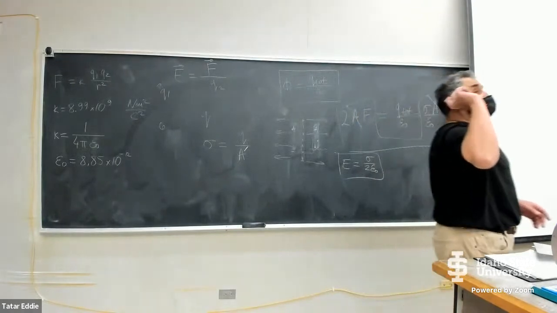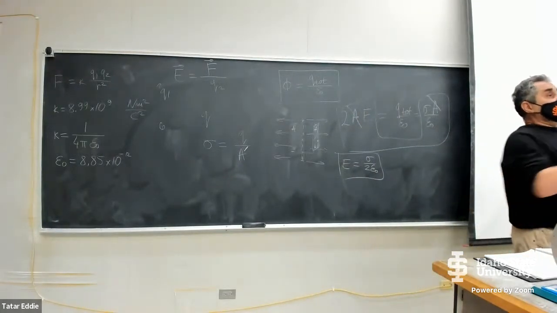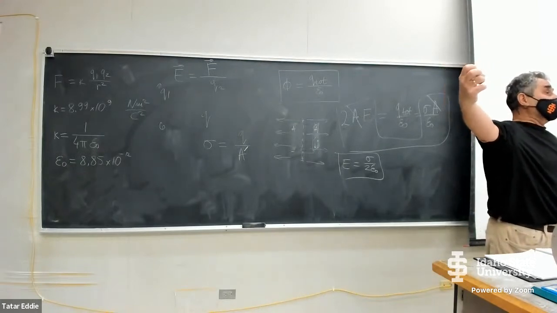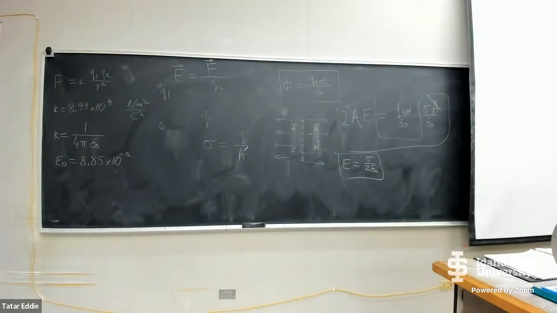Very surprising result, because it tells you that no matter how far you go from the source, the electric field strength doesn't drop. It is surprising, but it is not that surprising, because we assume that this charged piece of metal is infinitely large. So when you work with infinities, everything can happen.